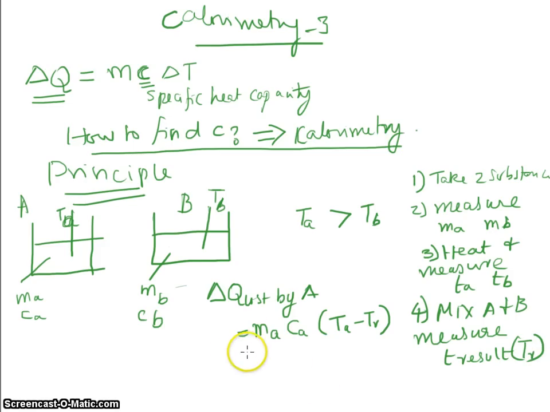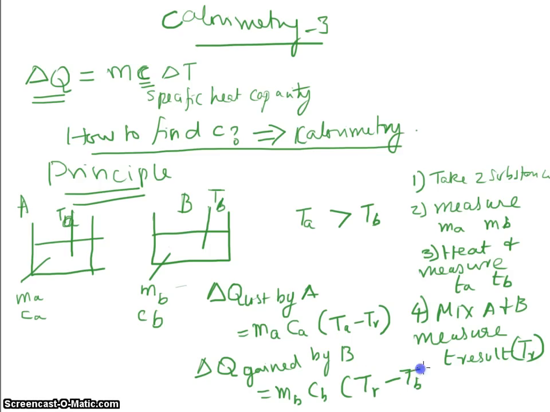Now, what is the heat gained by B? Mb, Cb, Tr minus Tb, right? The reason is, as I mix both, the resultant temperature would be in between Ta and Tb, so it's Tr minus Tb.